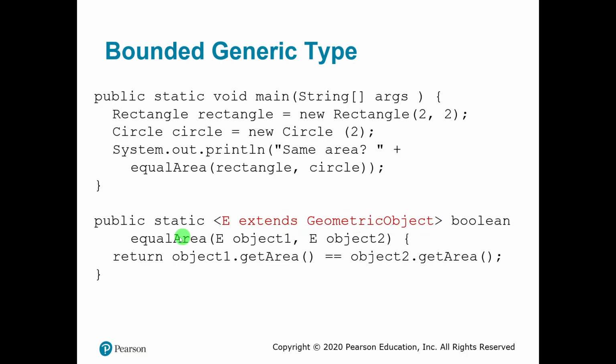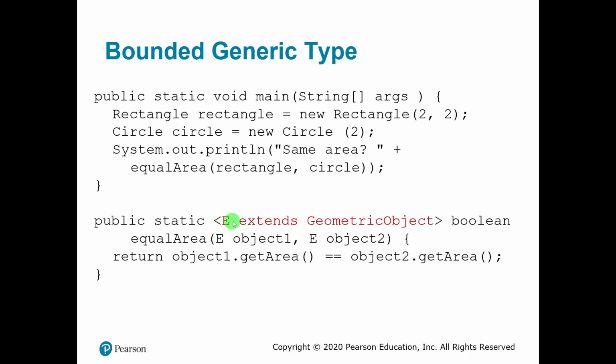Okay. And then people can pass in 2 objects of that type. As long as there are certain types of geometric objects, meaning they inherit from geometric object, you can pass in 2 types. Geometric object guarantees that they're going to have a getArea method. And then we're just comparing the areas to see if the 2 objects have the same area.